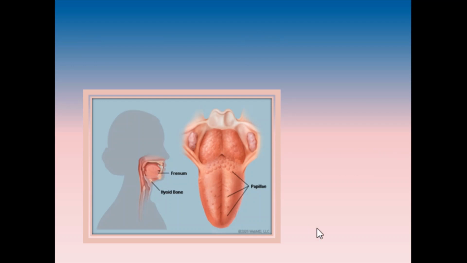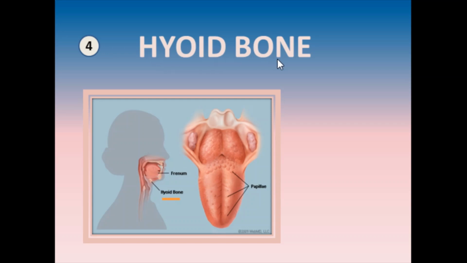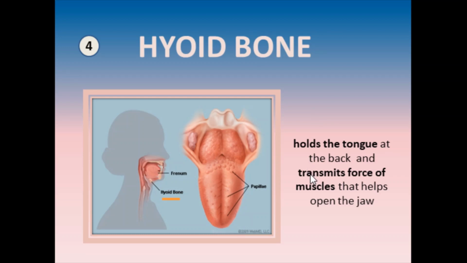And lastly, we have the hyoid bone. The hyoid bone is found at the back of our tongue and it holds the tongue as well. And it transmits force of muscles that helps open the jaw.